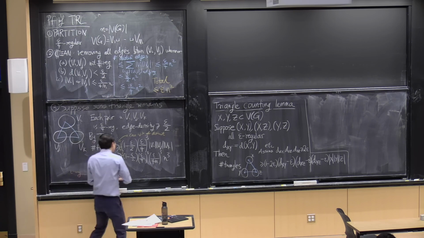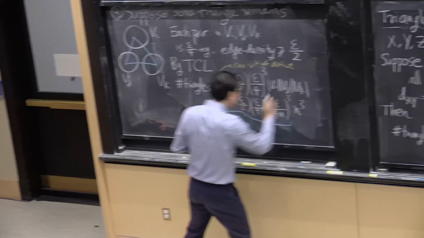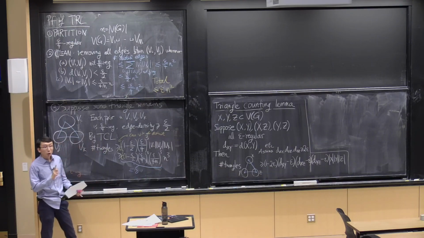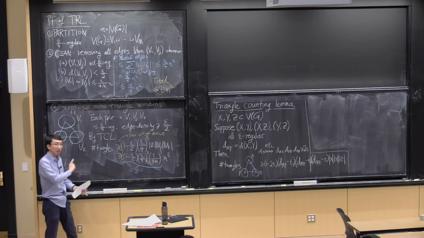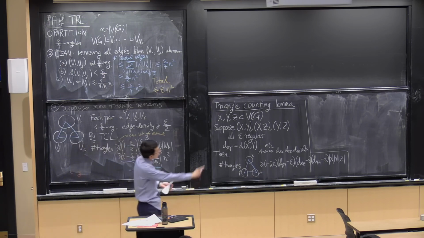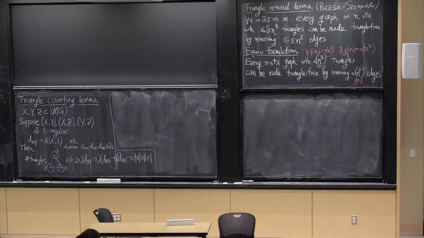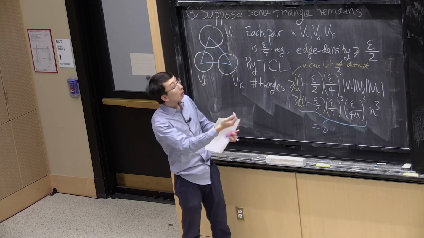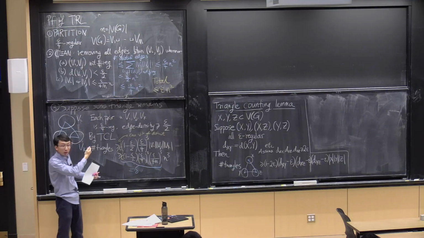Okay. Now, this quantity, let me set it to be delta. Delta is a function of epsilon, because m is a function of epsilon. So now, looking back at the statement, for every epsilon, there exists a delta, such that if your graph has fewer than delta n cubed triangles, then let me get rid of all those edges.